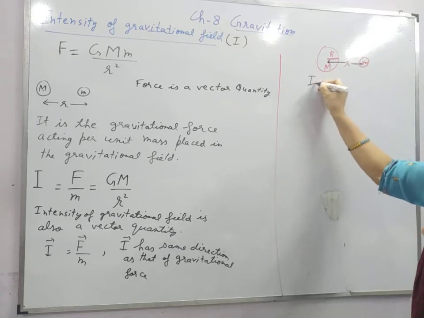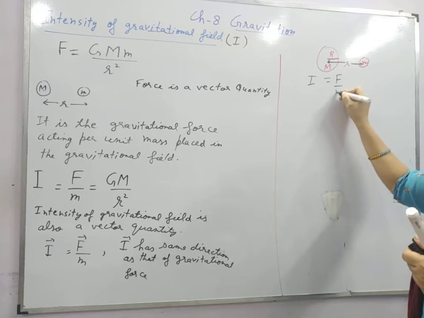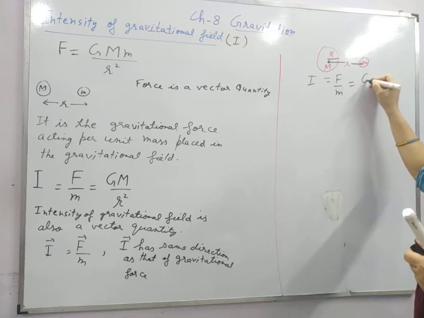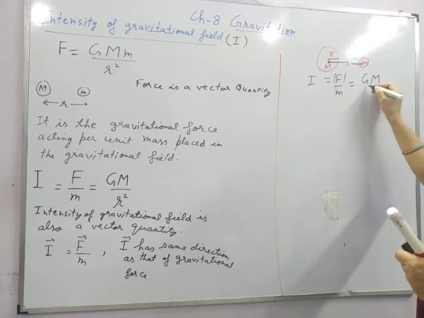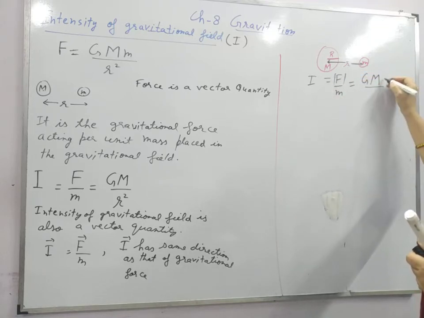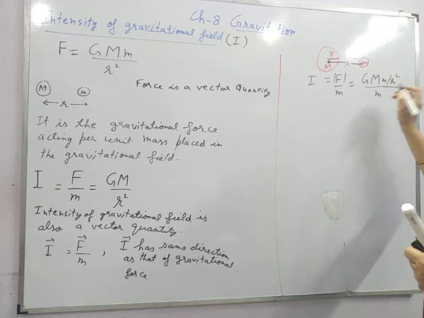In this case, the intensity will be force per unit mass, that is G M m, if I am writing the magnitude, upon r square upon m, right? So this m will be cancelled.